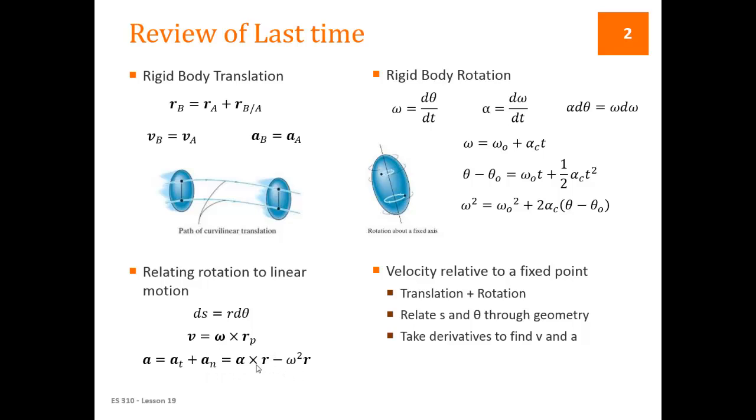The tangential part is alpha crossed with r, and the normal part is negative omega squared times r. We also looked at finding velocity relative to a fixed point, which was a translation plus a rotation, and we related our translation and rotation through geometry and found derivatives. So today we're going to extend this to include problems which don't have a fixed point.